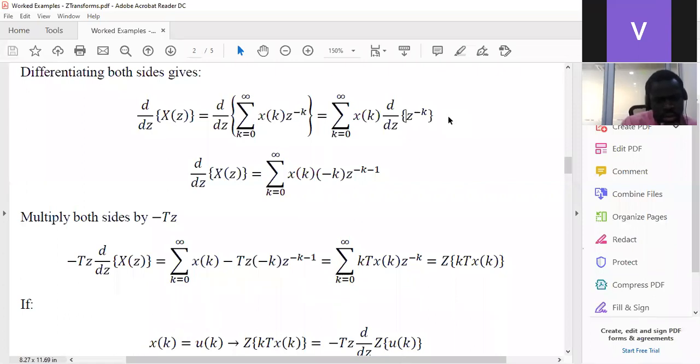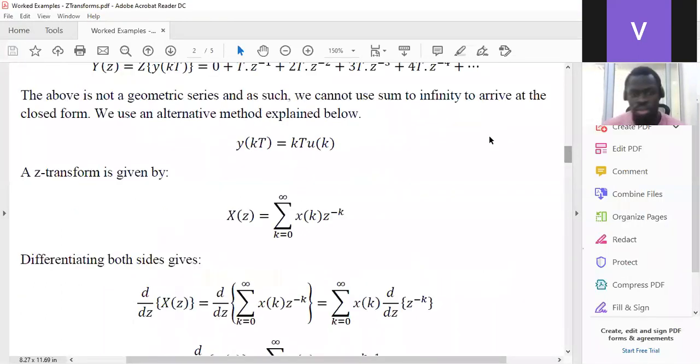The reason why we are using x of k, like I told you, is that we cannot use the previous. Thank you very much for the questions. X of k is the definition of a Z transform. So let me go back to the definition of a Z transform.